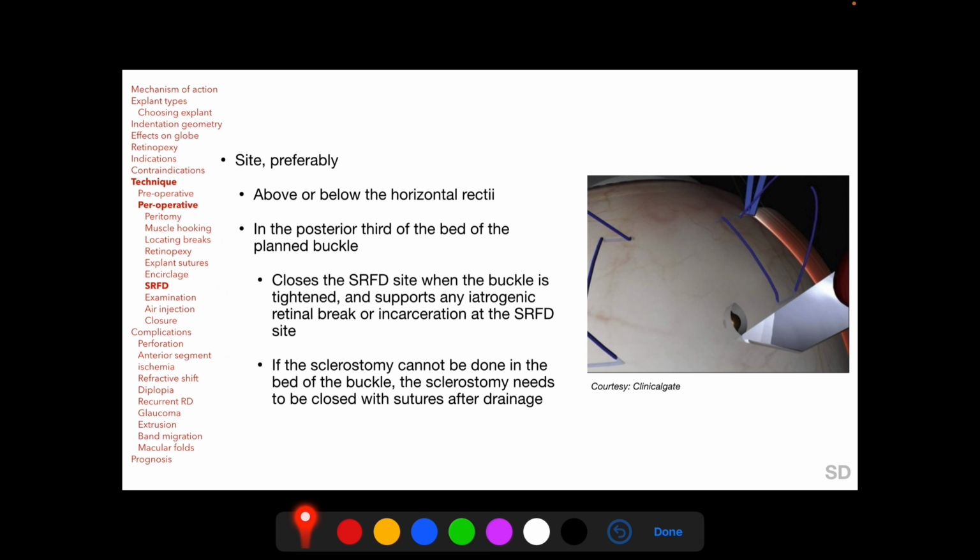The site of SRFD should be above or below the horizontal recti in the posterior third of the bed of the planned buckle. This closes the sclerostomy of the SRFD site when the buckle is tightened and supports any iatrogenic retinal break or retinal incarceration at the SRFD site. But if the sclerostomy cannot be done in the bed of the planned buckle, the sclerostomy needs to be closed with sutures after drainage.